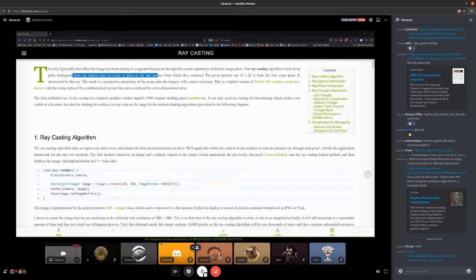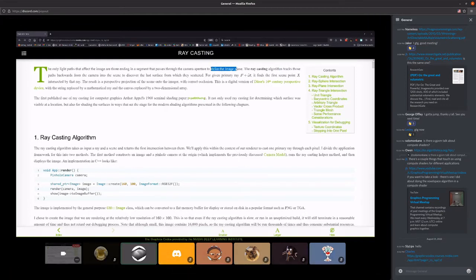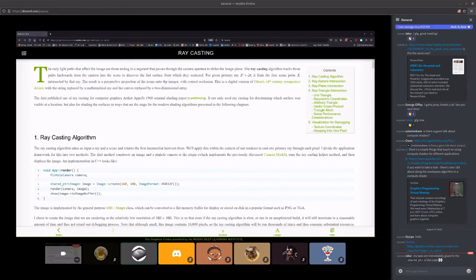We're going backwards from the image plane through the aperture out into the scene. P plus omega t finds the first scene point X that is intersected by that ray. And by using rays, we get perspective correct projections automatically without having to do any fancy, crazy math.